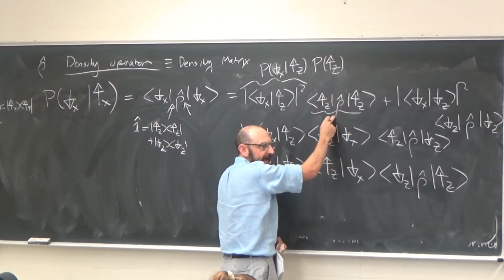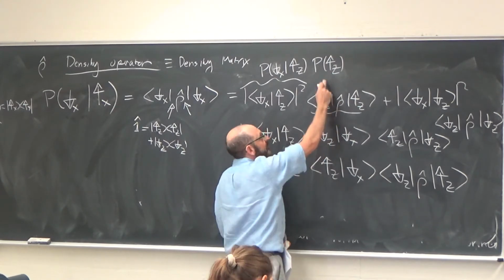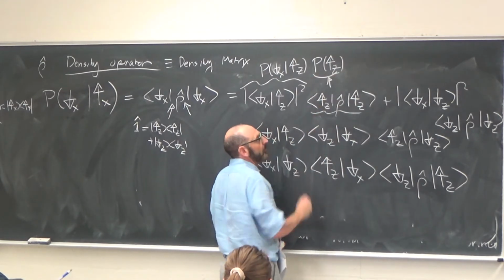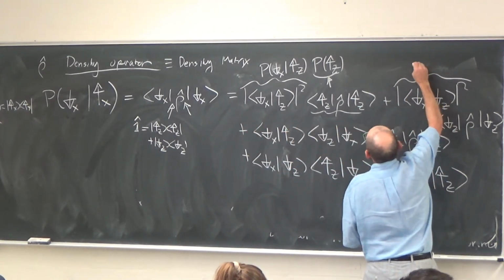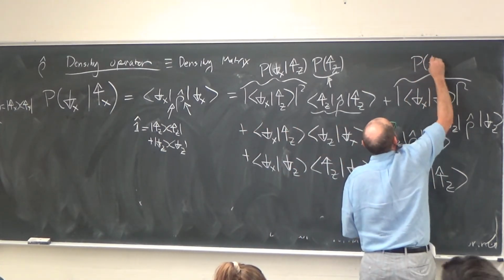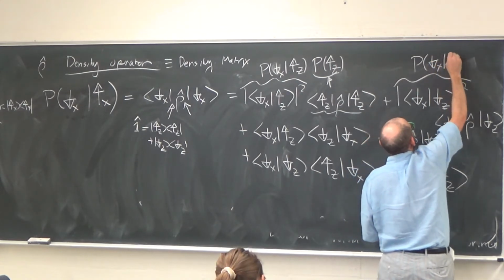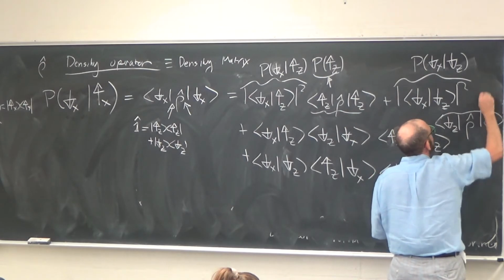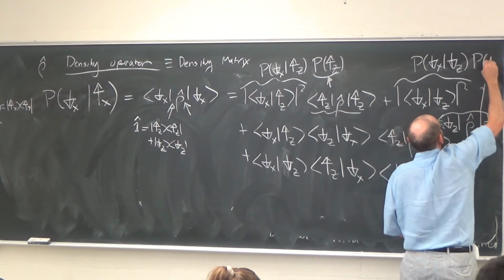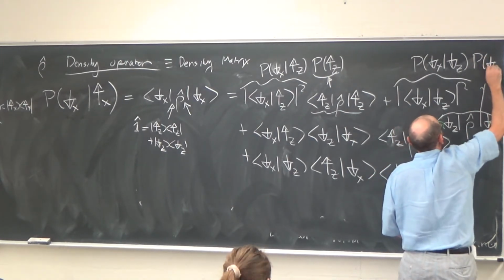Because I take the diagonal matrix element, and that's the probability that the state was up along Z. This over here is the probability of finding down along X given that the state was actually prepared down along Z, times the probability that the state was actually prepared down along Z.